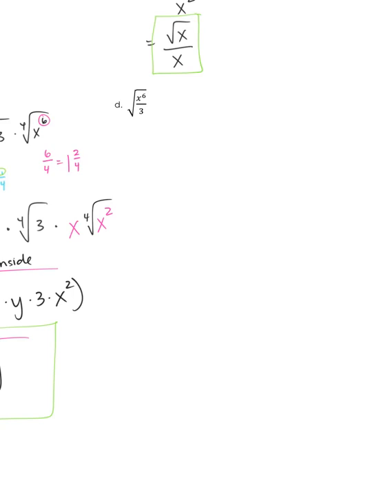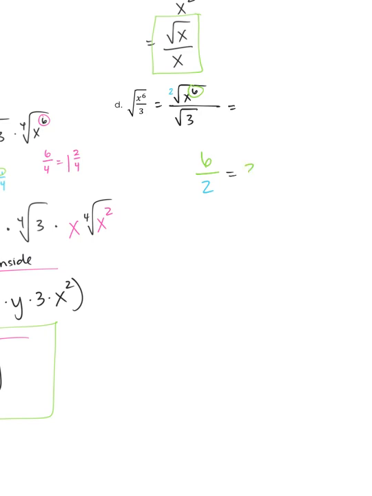All right, the last one, it looks pretty simple, but we are going to have to do some extra steps here. So I've got the square root of x to the 6th over the square root of 3. So for my numerator, I can take that exponent 6 and divide it by that understood index of 2.